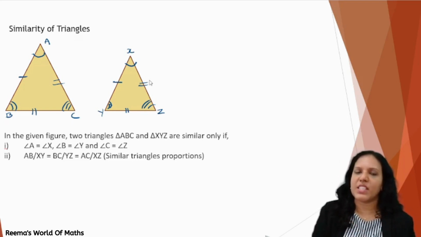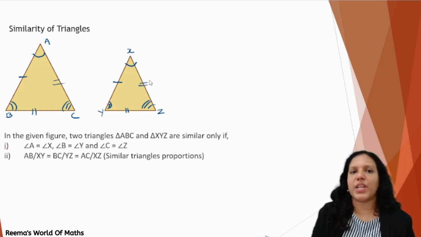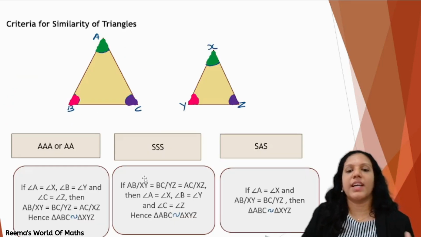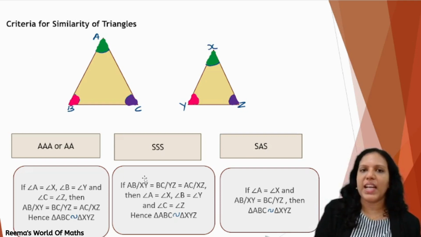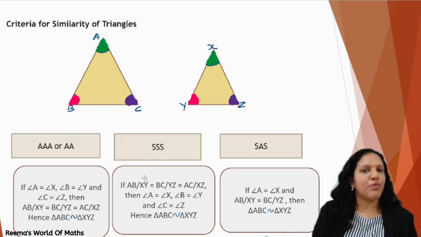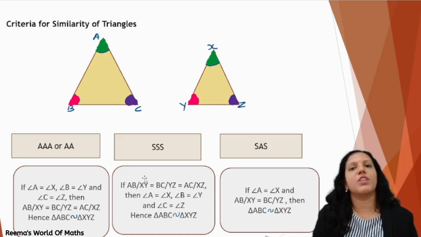The first one is the corresponding angles should be equal, and the corresponding sides of the two triangles should be in the same proportion. And finally, we have learned the criteria for similarity of triangles. There are three different criteria. The first one is angle, angle, angle or angle, angle. Both are the same. As per the angle sum of a triangle, if two angles are equal, then the third angle will always be equal.